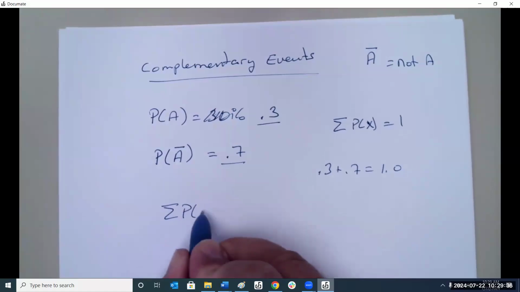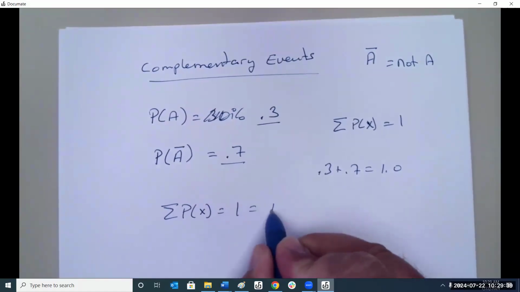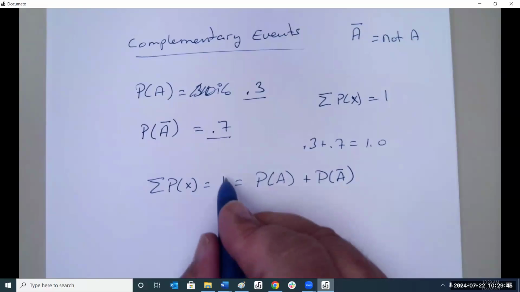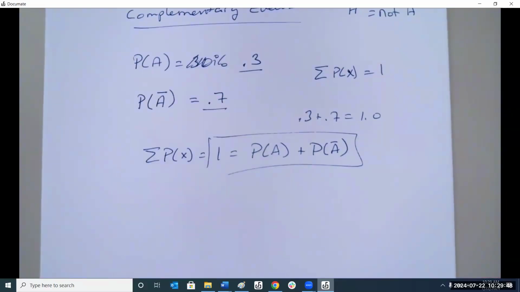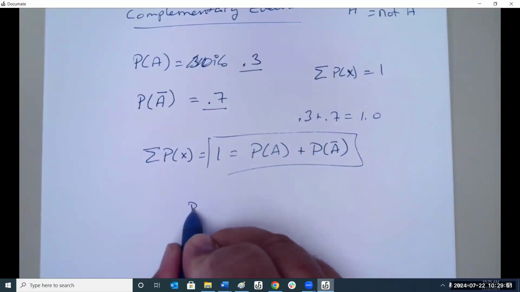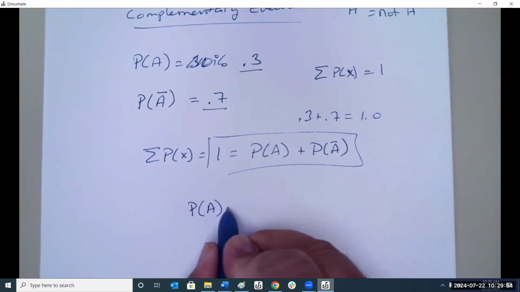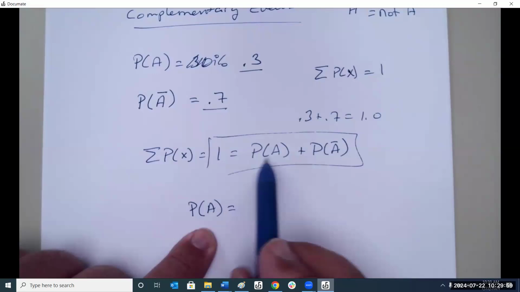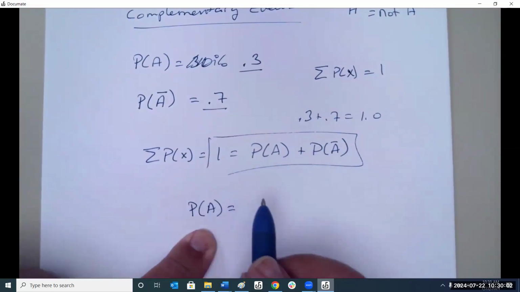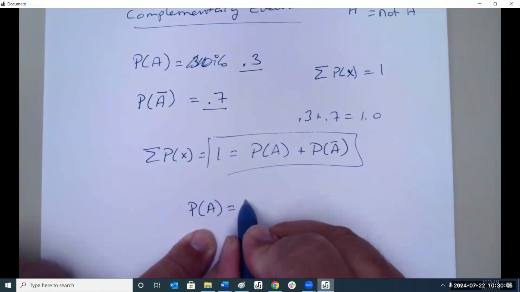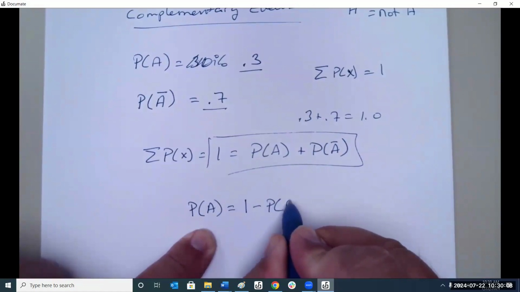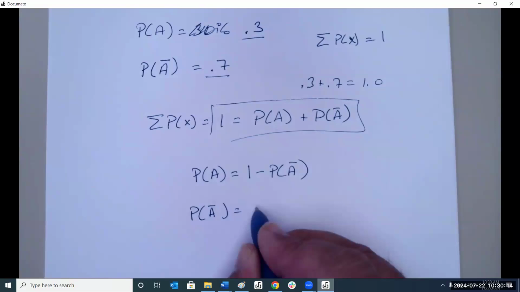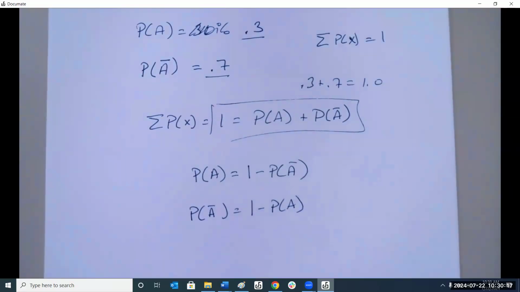The summation of all your probabilities is 1, which is the probability of A plus the probability of not A. So if we know that, to find the probability of A, we can take 1 minus the probability of not A. Conversely, just subtract what you know from 1 and you get the other one.